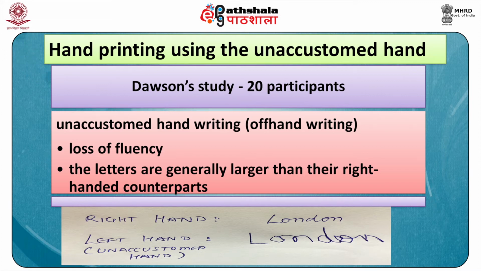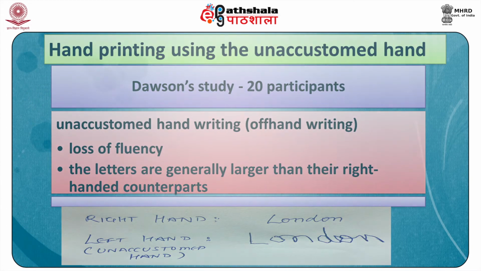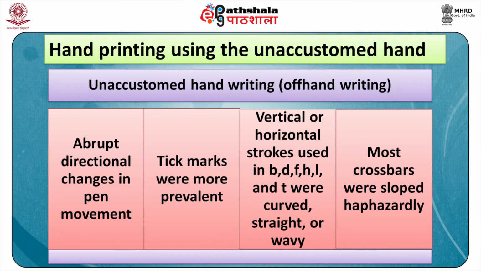Other characteristics observed in this study include the following: rounded portions of letters such as letter A, D, and G were jagged and subject to abrupt directional changes in pen movement. Tick marks were more prevalent.